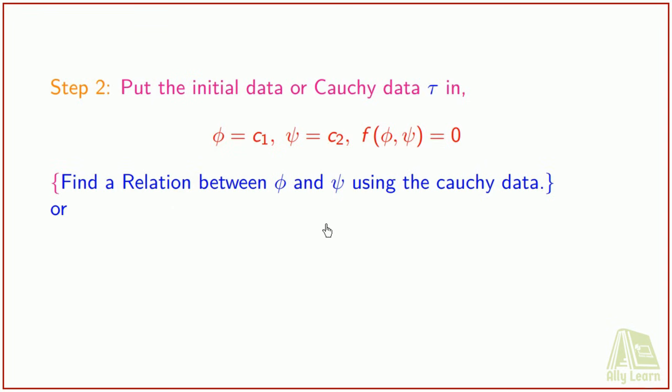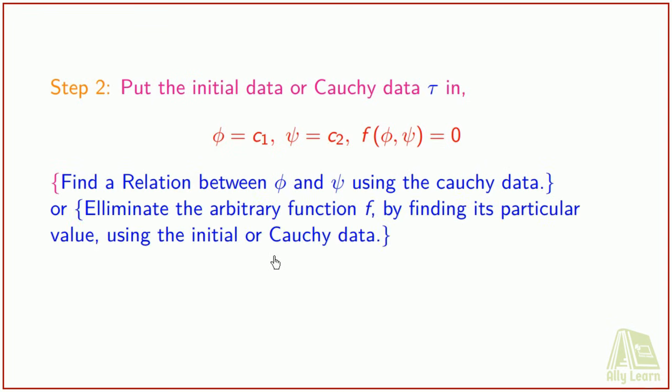This, what it will do, it will eliminate the arbitrary function f by finding its particular value using the initial or the Cauchy data. So, when we find a relation between phi and psi, that relation will be same as the relation obtained by putting the Cauchy data in this expression and finding a particular value of f.